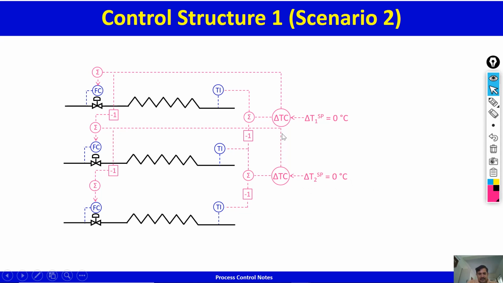And this delta T controller makes a change in F2 and the same change with the negative sign is made in F3. So if the delta T2 controller is saying increase F2 by such and such an amount, automatically F3 will be decreased by the same amount. So again F dot will not change.